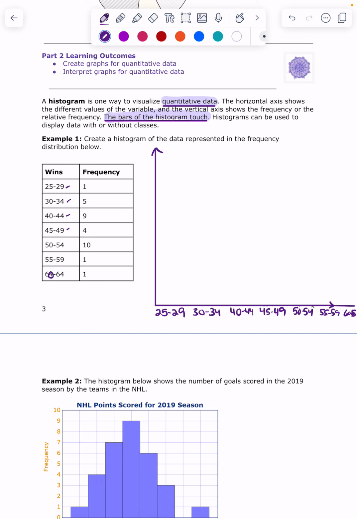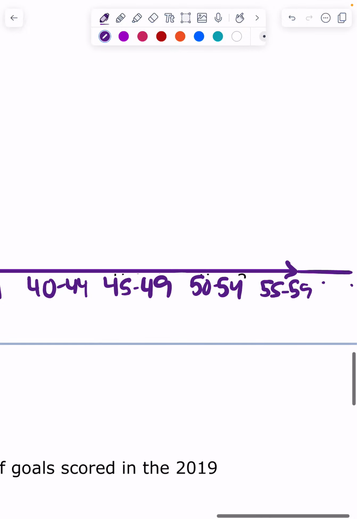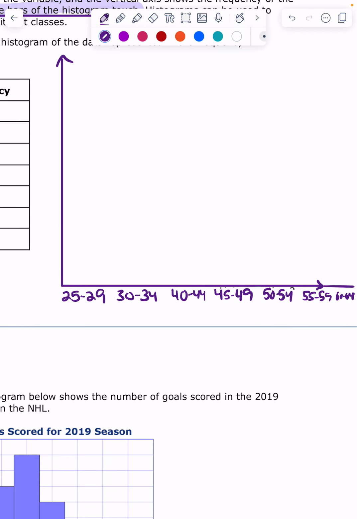This should be 60 to 64, yeah. I'll fix that last one. 60 to 64. Barely had room on there.